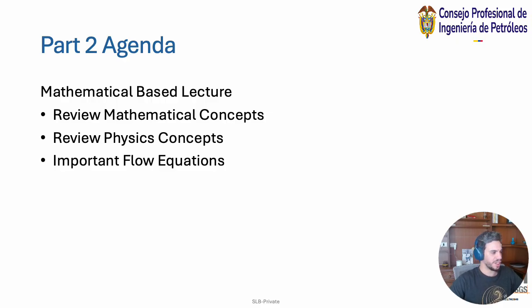So I've just selected a few flow equations that are considered important, and I really enjoyed petrophysics and the concepts of how fluids flow through porous mediums. So that is the subject that I chose.